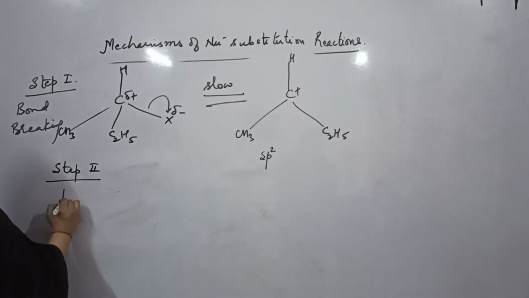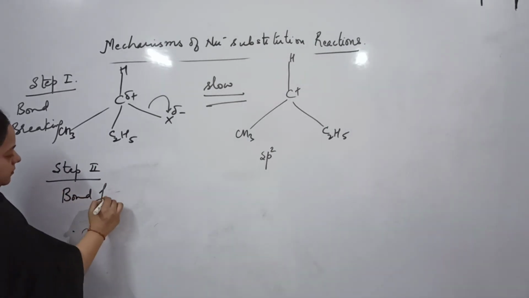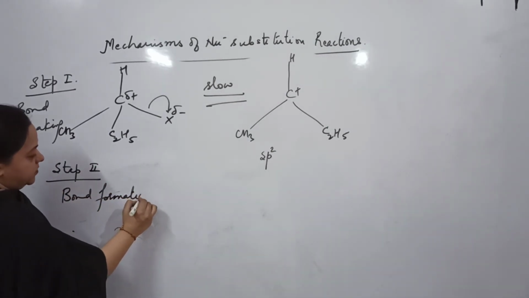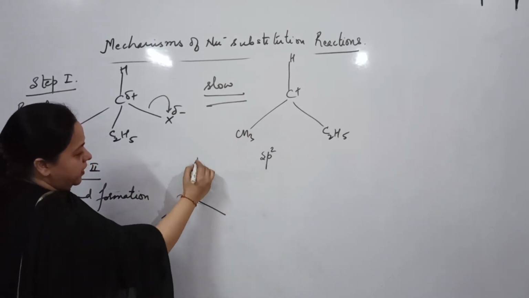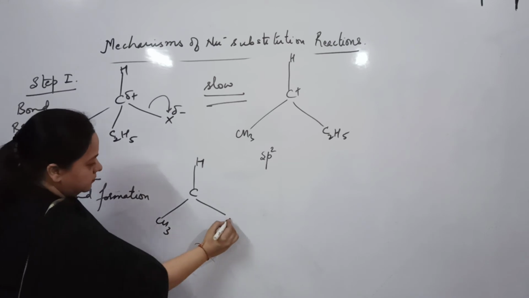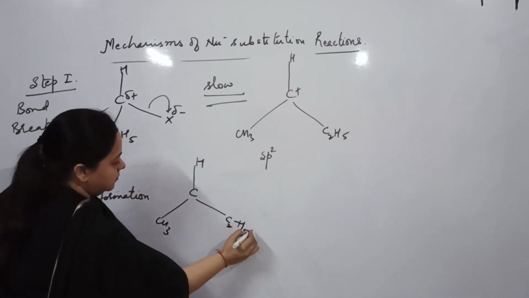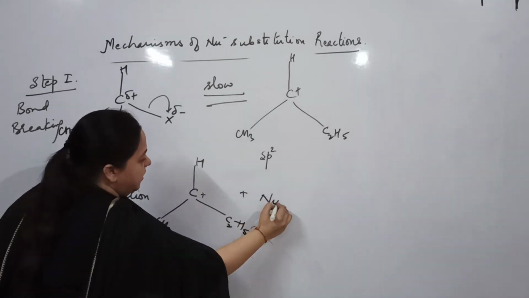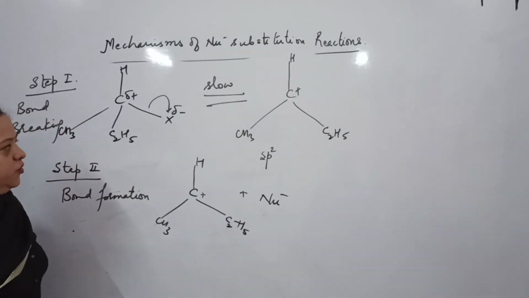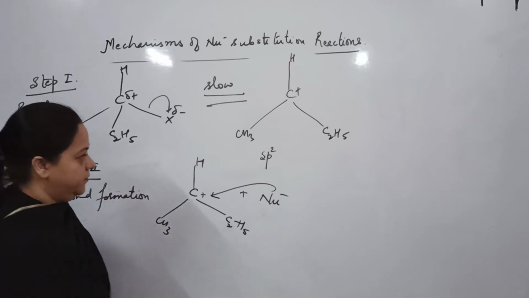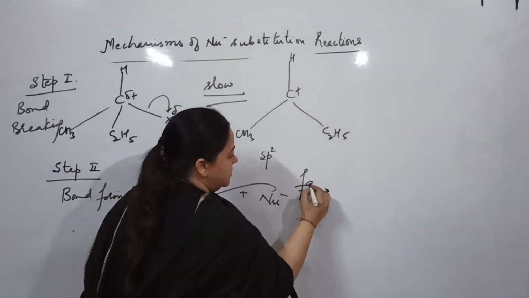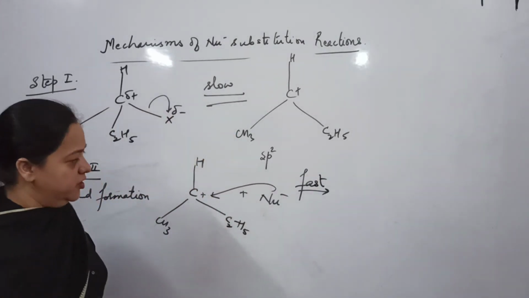Step 2, that is bond formation, which starts with this intermediate and nucleophilic attack with 50% probability from the frontal side. This step is a fast step which does not affect the rate of the reaction.